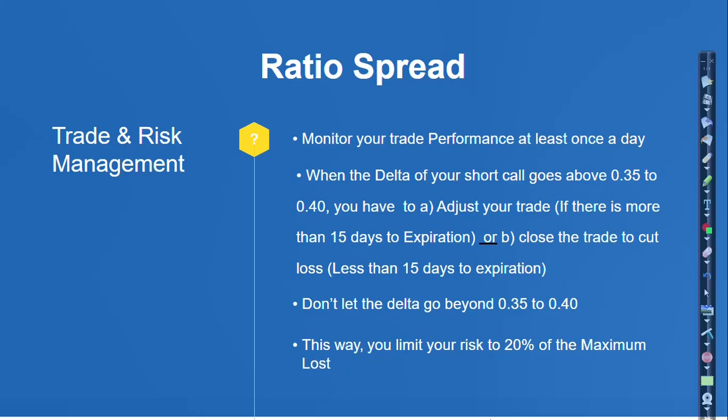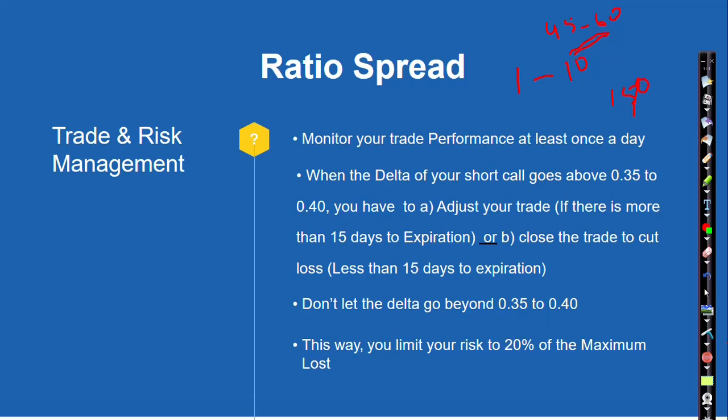Remember, let's say we place an order on the first of this month, and your delta goes to 45 to 60 within 10 days, whatever, you need to adjust. All right, if there are less than 15 days to expiry and the delta goes beyond that, you just cut the position and come out of the market.